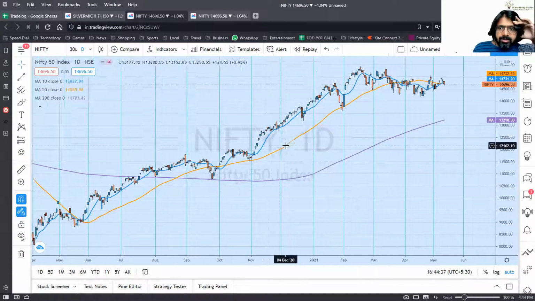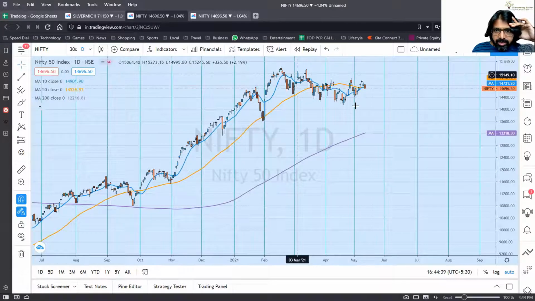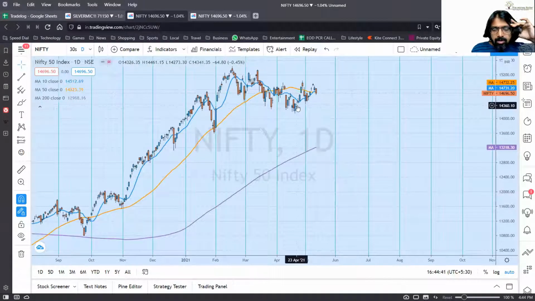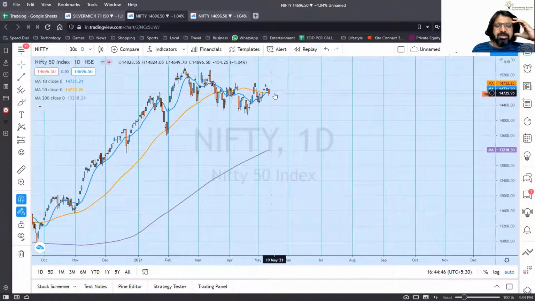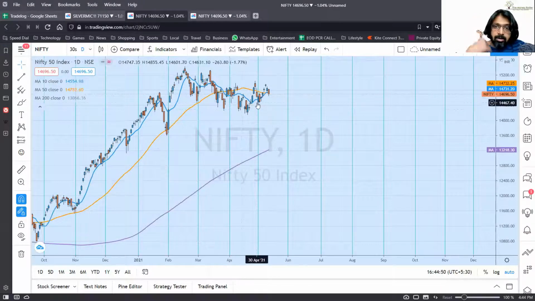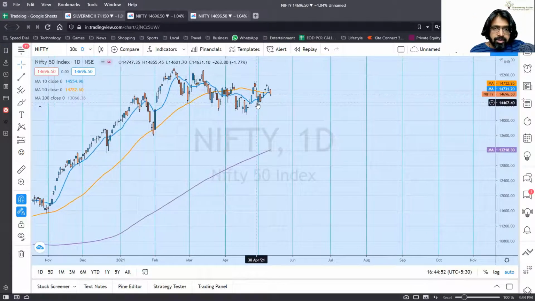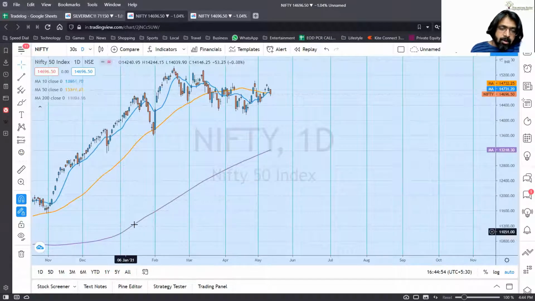So here you can see the 10 period average was going down, and then in the last few days it's been going up. But clearly the market has been weak over the last few days. The long term average is upwards.